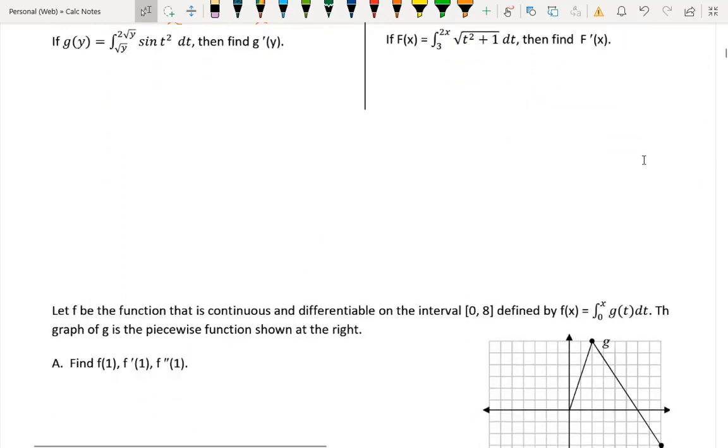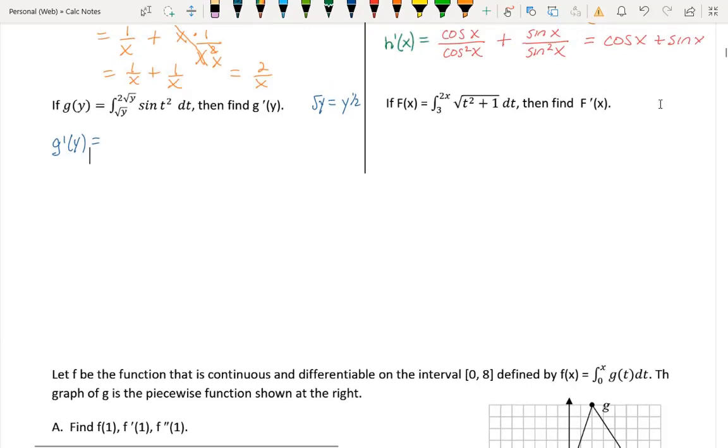I have to pay particular attention on this next one because now I've got a square root. I know that the square root of y is equal to y to the 1/2, because I'm going to have to take a derivative of that in just a minute. I'm just going to keep in mind that the square root of y is y to the 1/2. So g prime of y is going to equal, and again, the first thing we're going to do, I am going to change this integral.